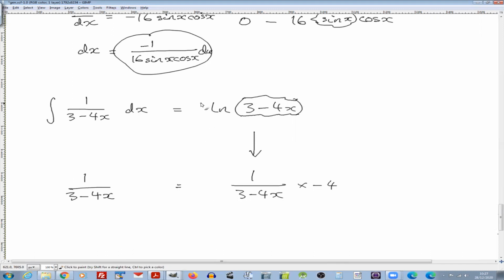If you times it by minus 1/4, then because of what we were just discussing, we've multiplied by a constant, so the derivative will be multiplied by the same constant.